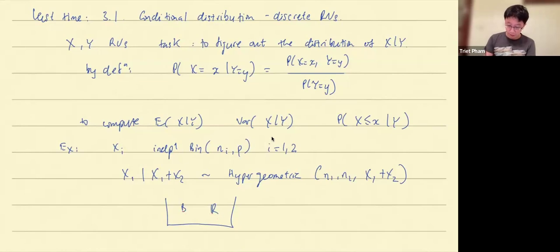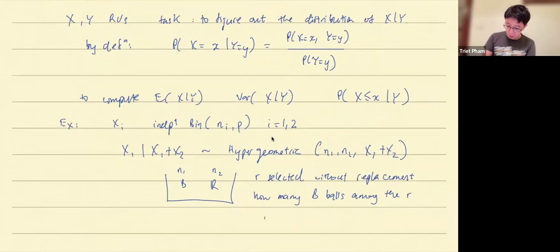Blue has n1 balls, red has n2 balls, and then you select, let's say, r balls out of the urn without replacement, and you track how many blues there are among the r balls. So that's the hypergeometric.